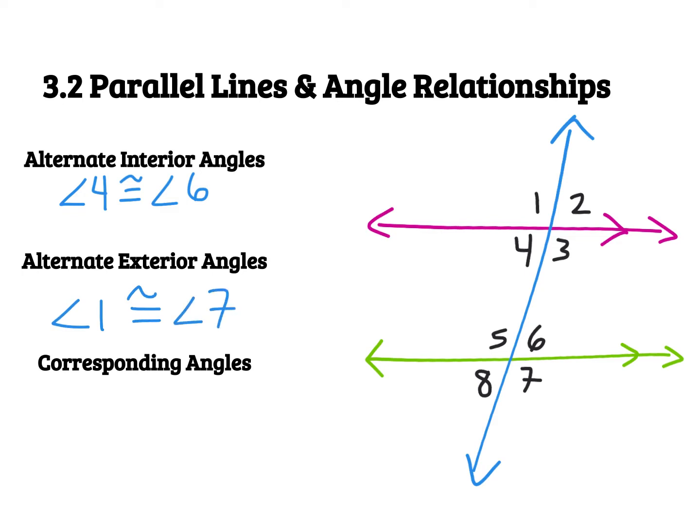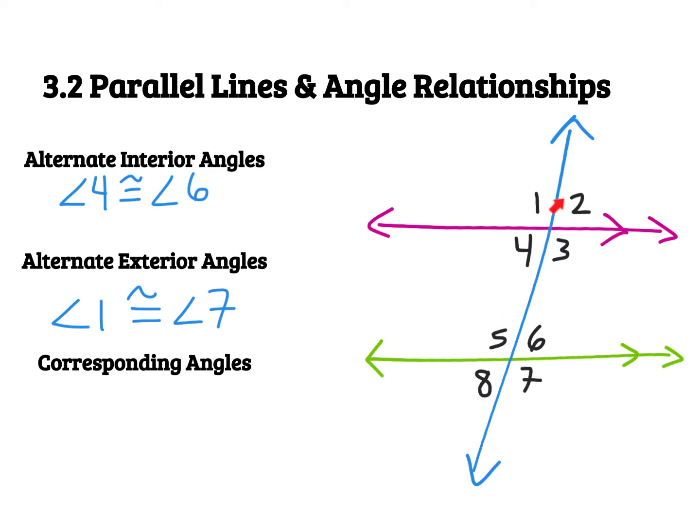And then in this scenario as well, we have corresponding angles. Angles like 2 and 6 or 3 and 7, right? Angles that are on the same side of the blue line and on the same side of the two lines. So they're either above the two lines or below the two lines. I'm going to go with the example of 1 and 5 as corresponding. So these two angles are corresponding and they're also going to be congruent.